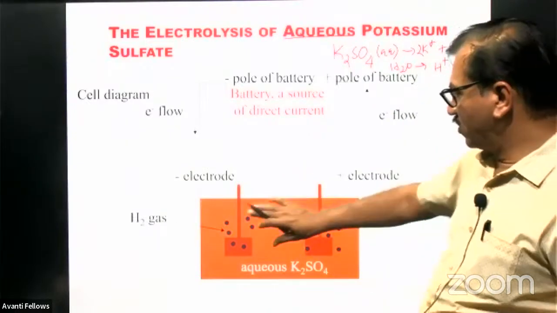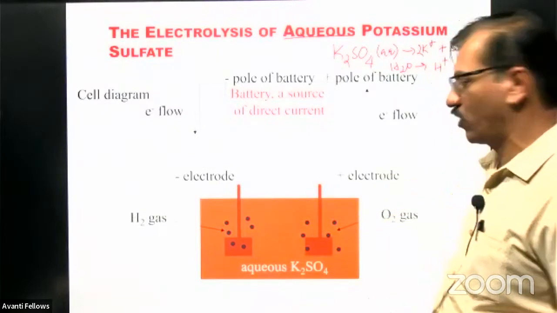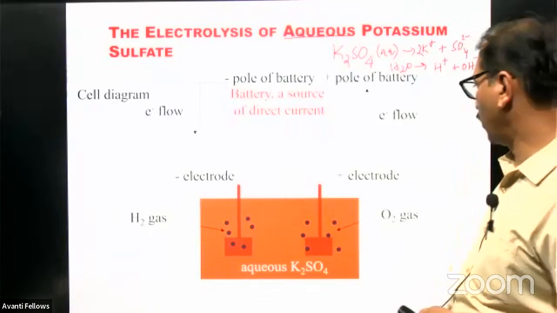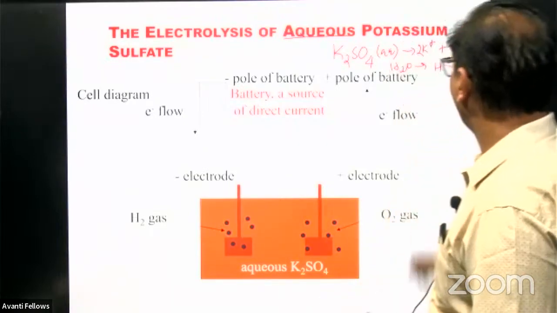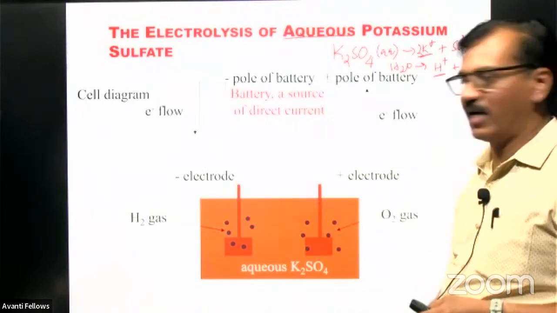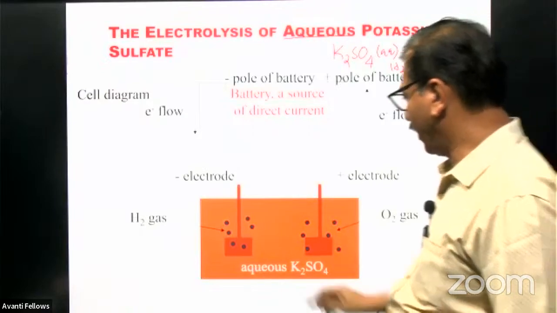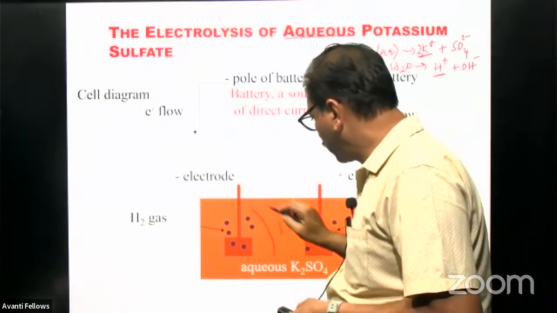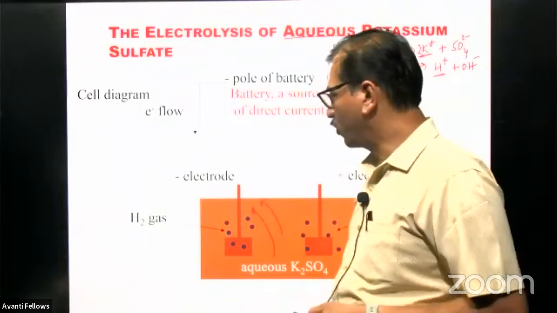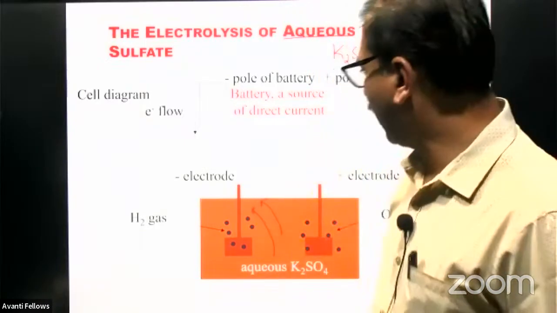Now, suppose this electrolyte, aqueous K2SO4, is taken. What are the possibilities? The K plus ion and hydrogen ion, the two cations, want to reach the cathode. There is a competition now.